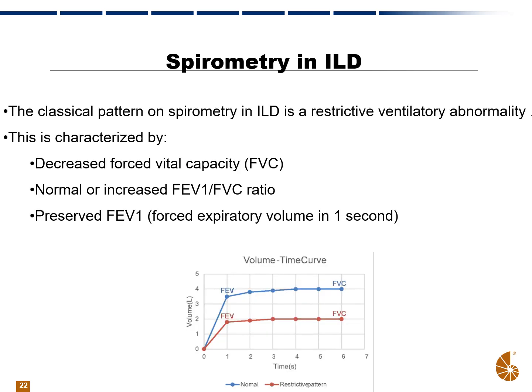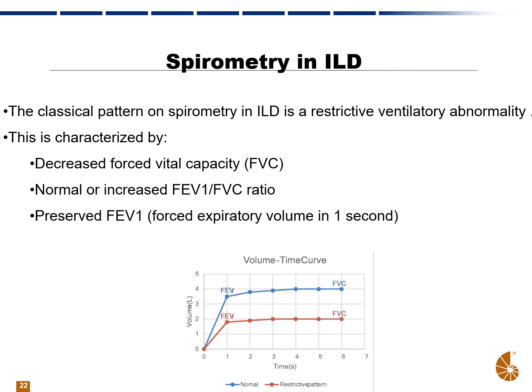When we talk about spirometry and interstitial lung disease, the classical pattern is a restrictive ventilatory abnormality. In prior videos, we talked about obstructive lung disease. This is restrictive lung disease. So what's the difference? This is characterized by a decreased forced vital capacity, or decreased FVC.